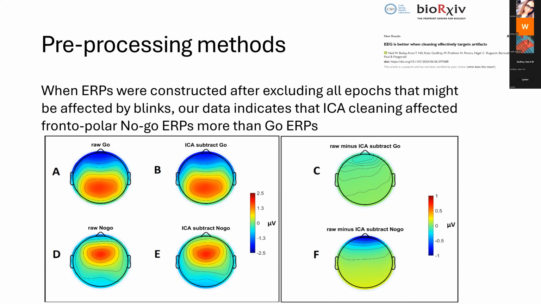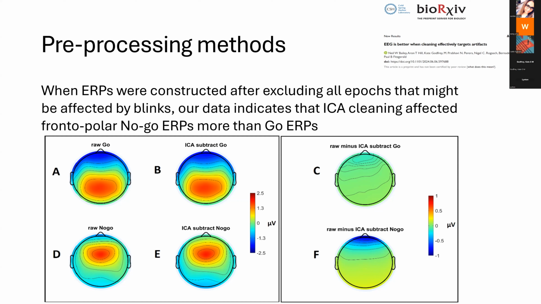So this picture is just showing the epochs after excluding all blinks or anything that might be affected by a blink from the raw go trials and the raw no-go trials. And then in the middle, the topographies for the same trials after applying ICA subtract to clean the blinks.